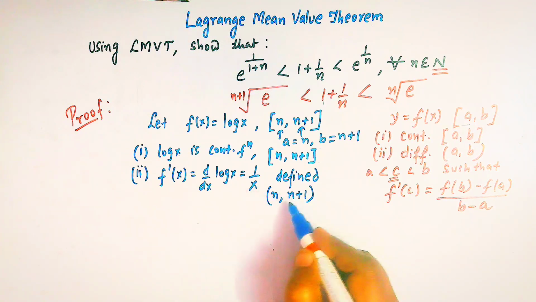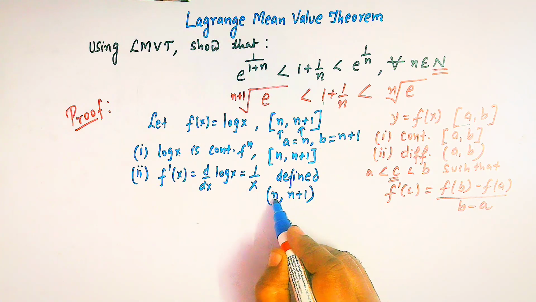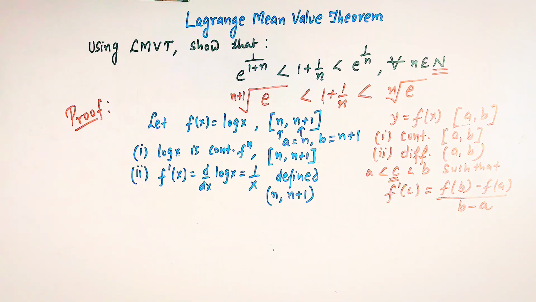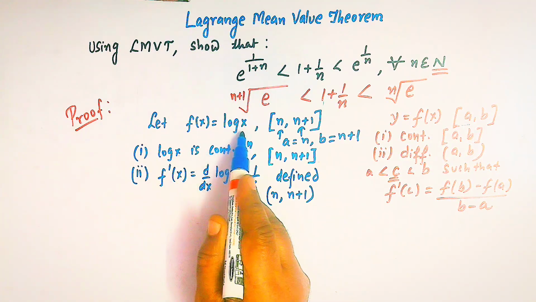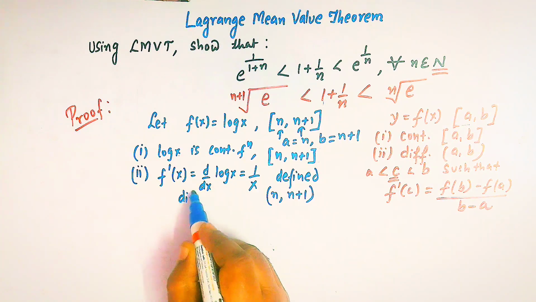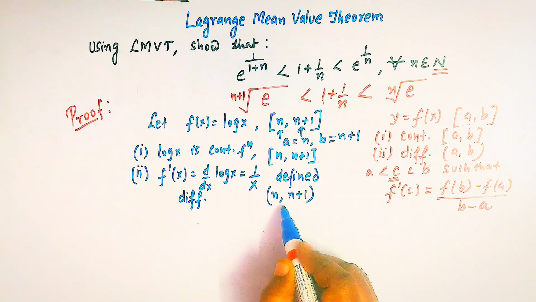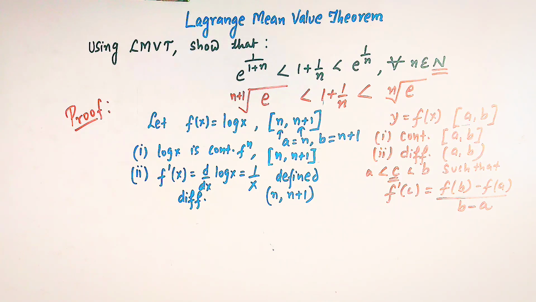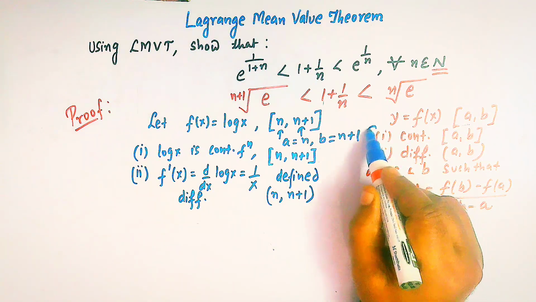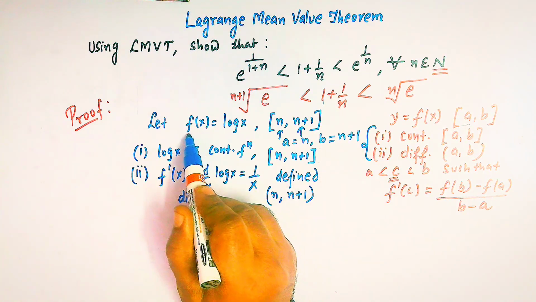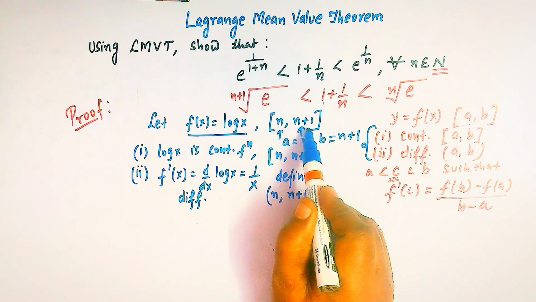Since the least value of n is 1, x can never be equal to 0. So this function log of x is differentiable in the open interval n comma n plus 1. So the first two conditions of Lagrange mean value theorem are satisfied by this function in this interval.